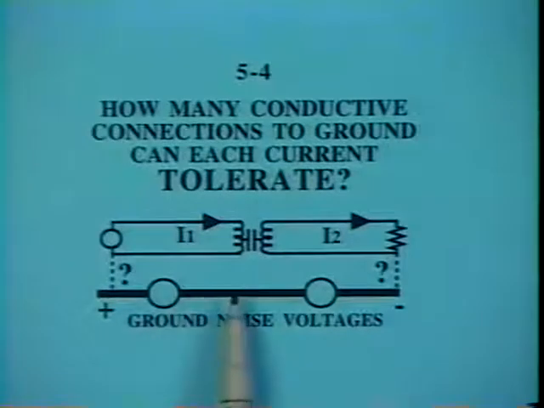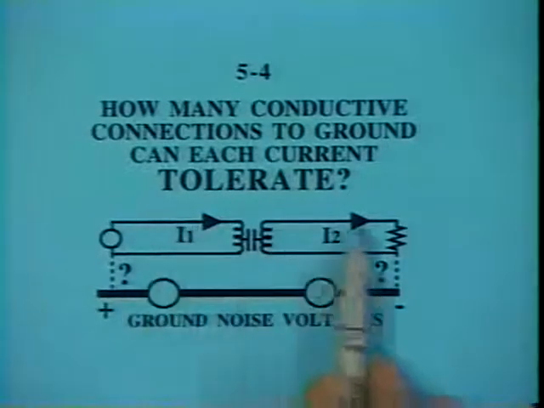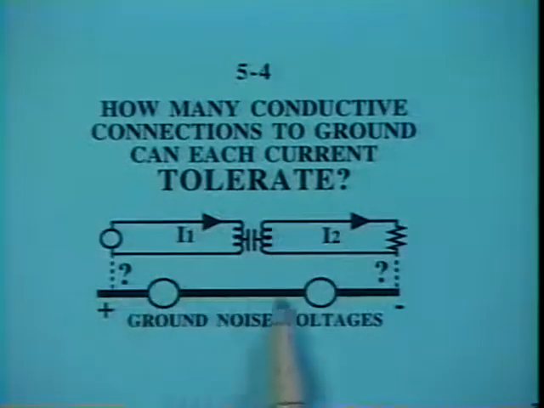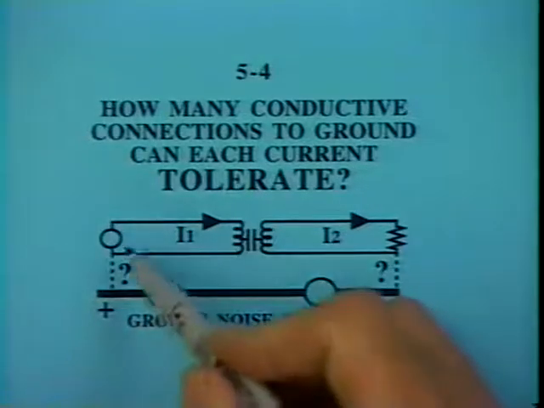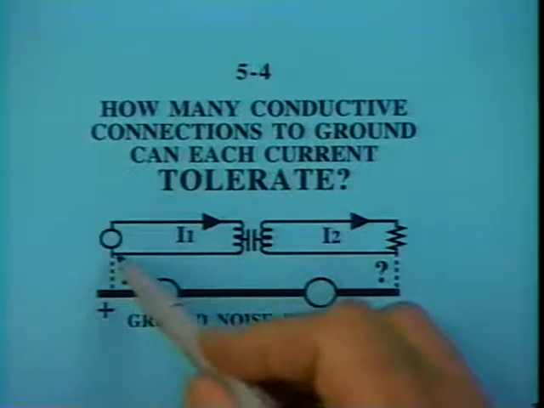Here I show a simple system consisting of two currents, and here's a ground structure. Now this ground structure can be whatever you want it to be. It can be building steel, the frame of a satellite, the metal frame of a ship, or the frame of a car, or whatever is a reasonable ground structure for you. Let's assume that we're going to make a direct conductive connection to ground.